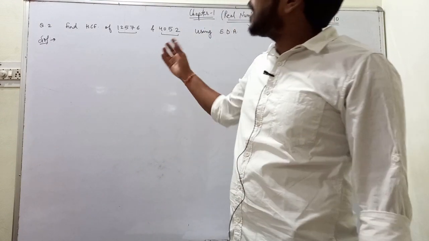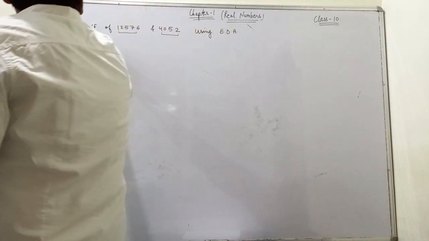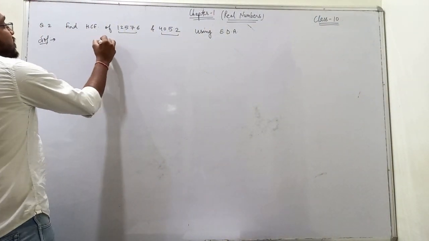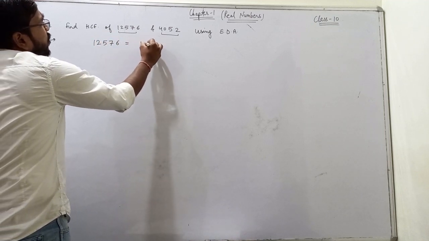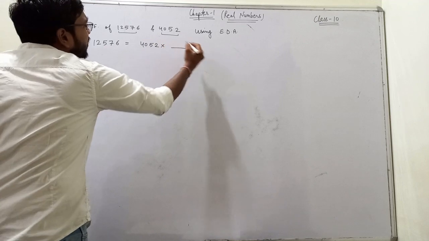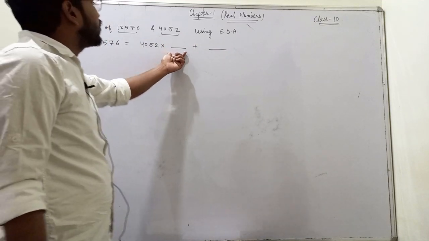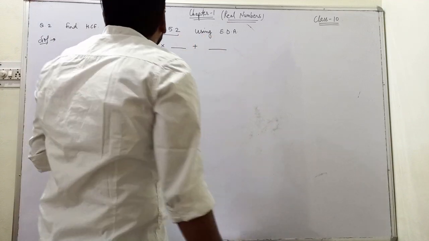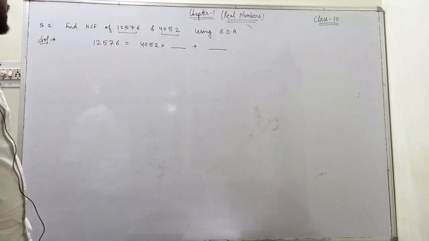So if I apply Euclid division lemma, I can state that 12576 equals 4052 times something plus something. Okay, I can get some value of quotient and some value of remainder.